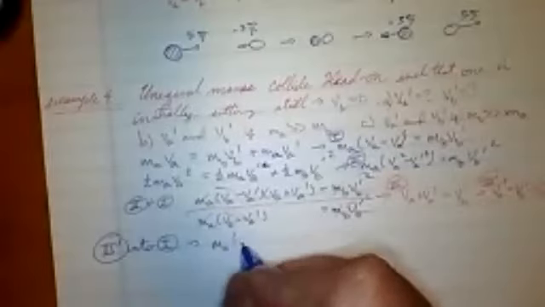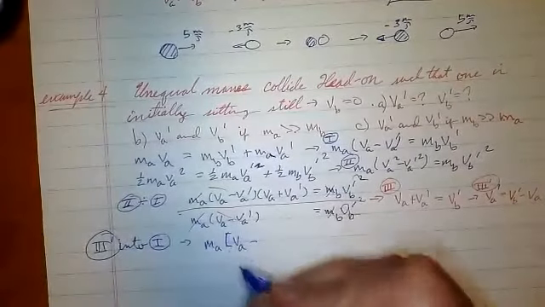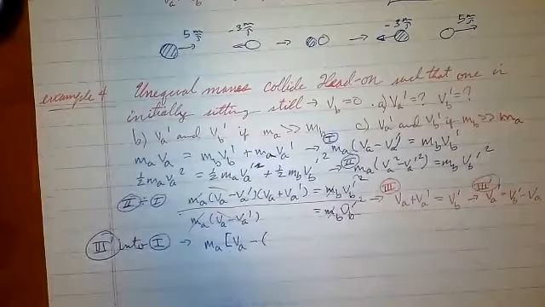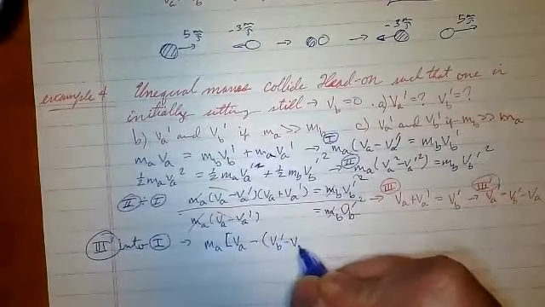When I do that, I'm going to say MA times VA minus, now I've got to write VA prime. See, that's what's right there. So VA prime, I'm going to turn this into a square bracket, turn this into a parenthesis, and say VB prime minus VA.